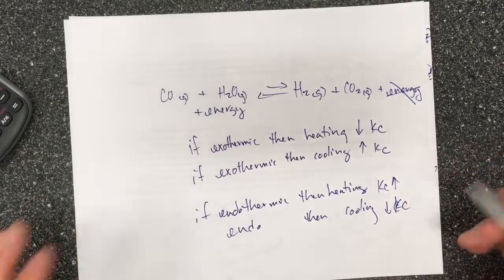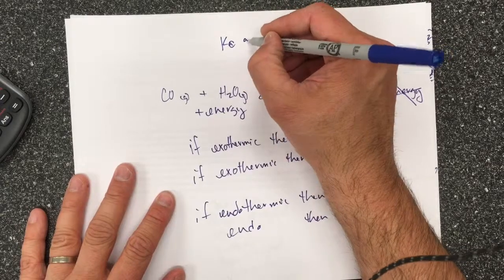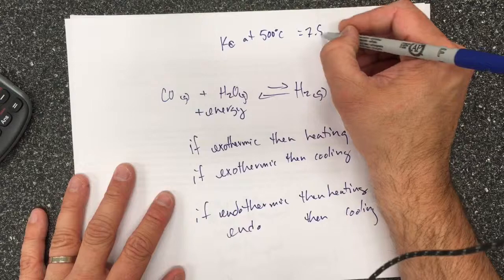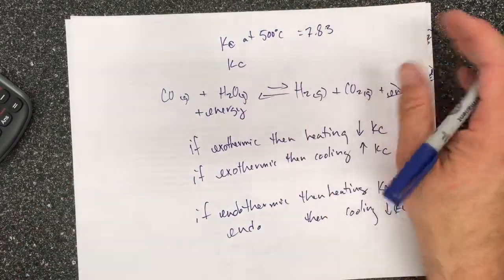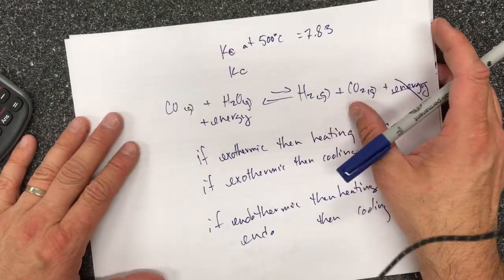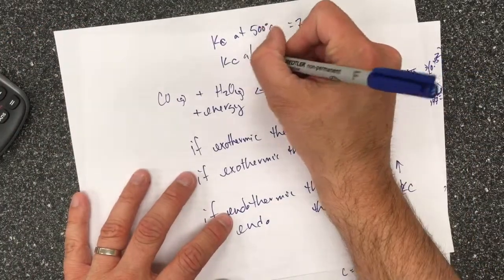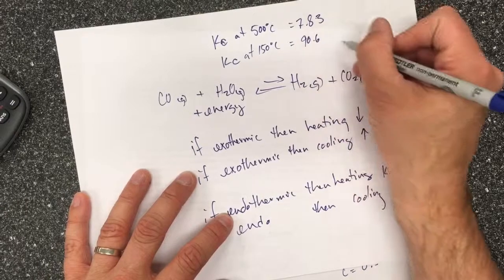So now let's take a look at our results. The Kc at 500 degrees Celsius was 7.83, and the Kc at 150 degrees was 90.6. So at 150 degrees Celsius, it was 90.6.